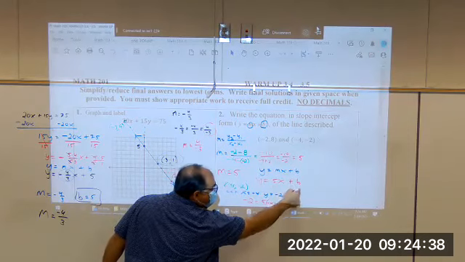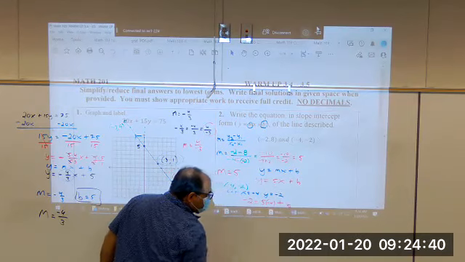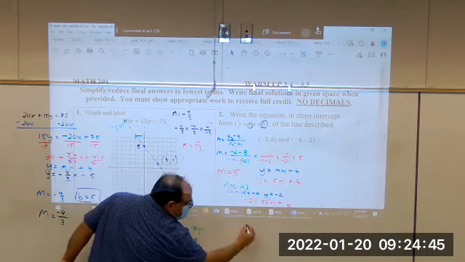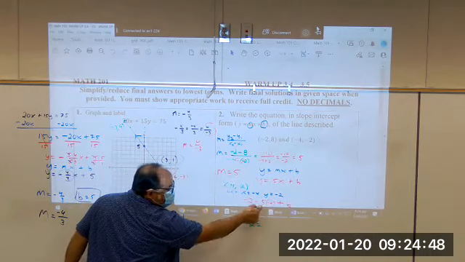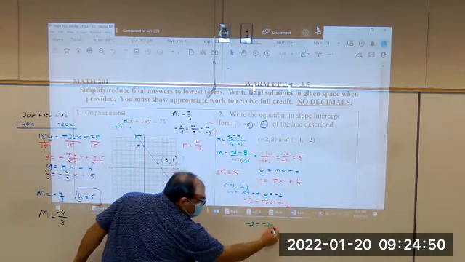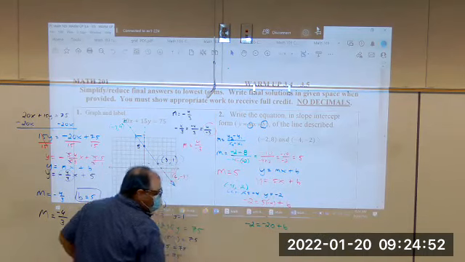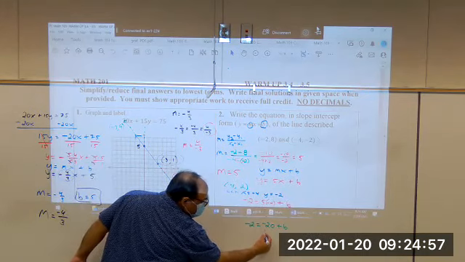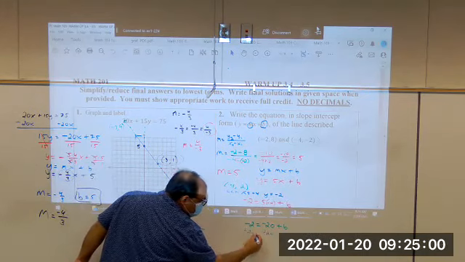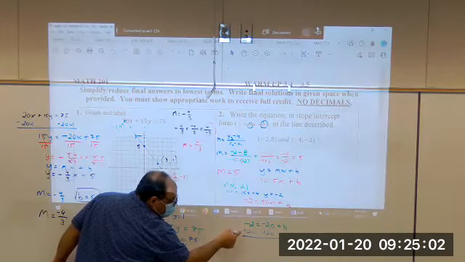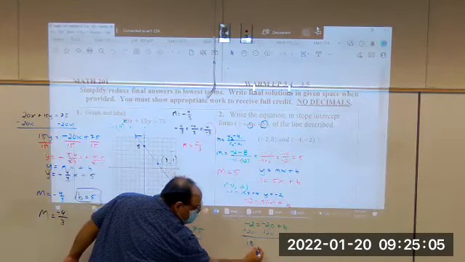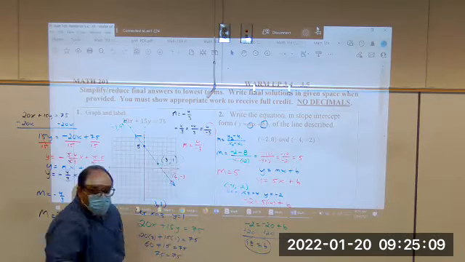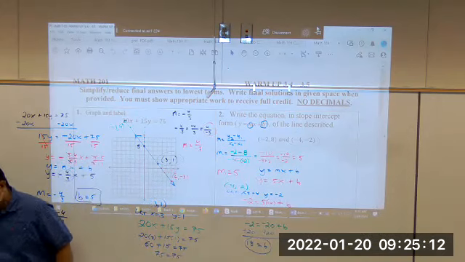And then remember, you're solving for b, plus b. So -2 is equal to 5 times -4, which is -20, plus b. And then to solve for b, plus a -20, you add 20 to both sides. -2 plus 20 is positive 18. And that's your y-intercept.